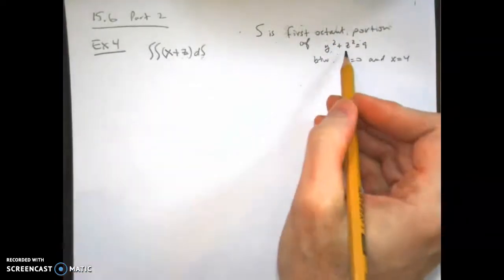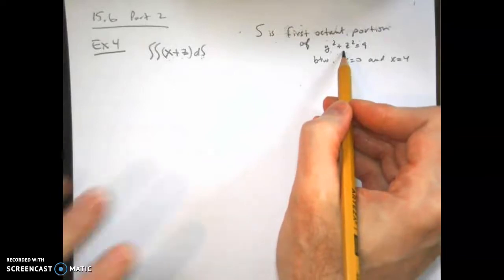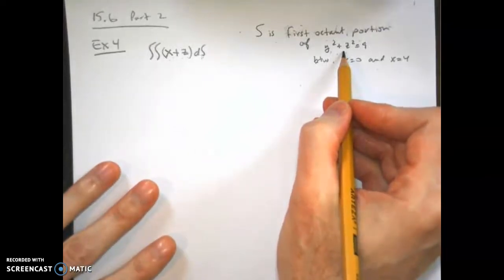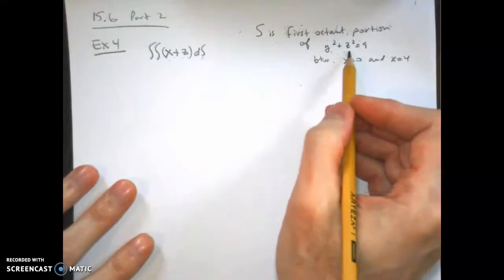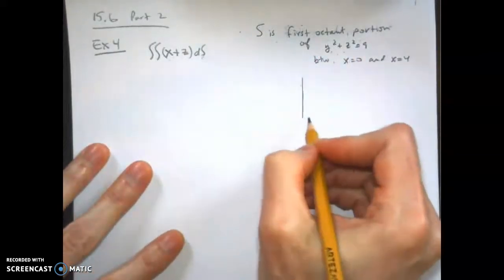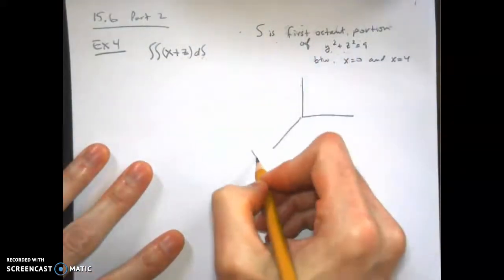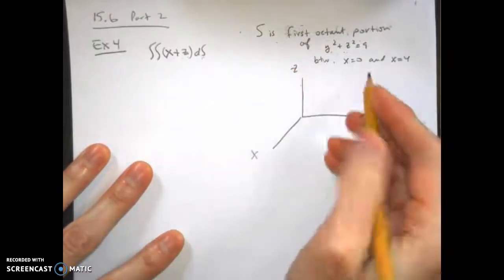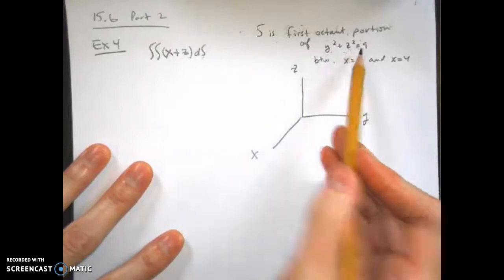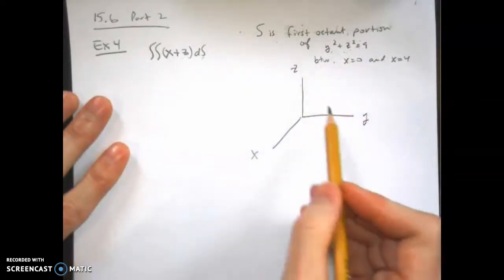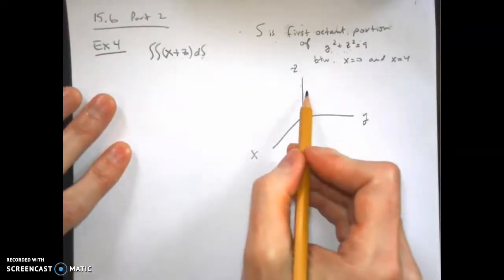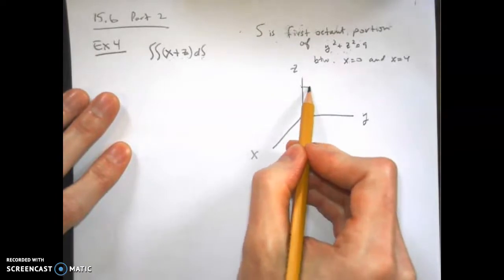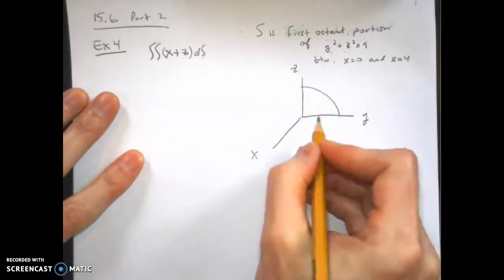So this surface is just a cylinder whose axis is the x-axis. Let's draw the x-axis, the y-axis, and the z-axis. Y squared plus z squared equals 9, so we've really got a circle in this direction with a radius of 3.